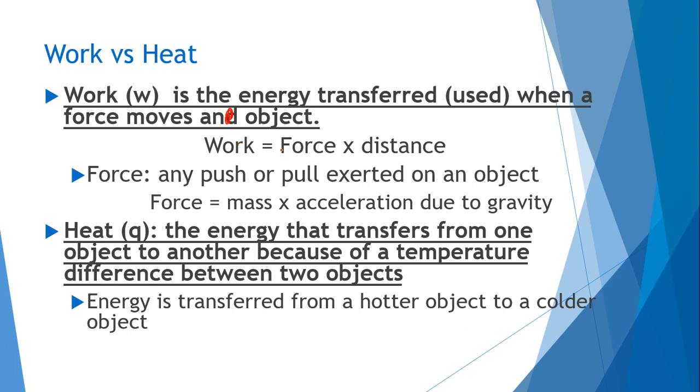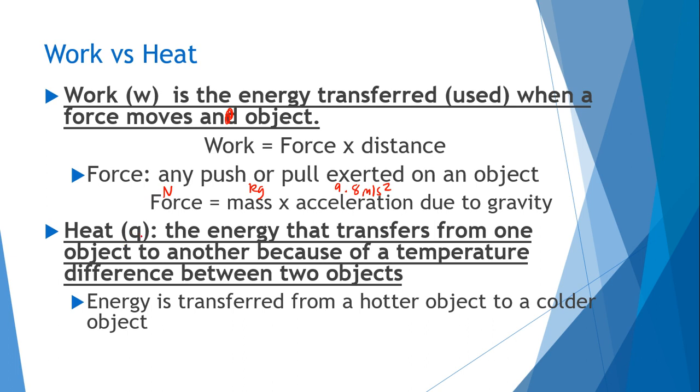So work's defined as force times distance. Again, force is any push or pull on an object, and we found force in the last chapter. It is mass times acceleration due to gravity. Remember, for our force, our mass was in kilograms, and our acceleration due to gravity was 9.8 meters per second squared, and our unit for force was Newton.